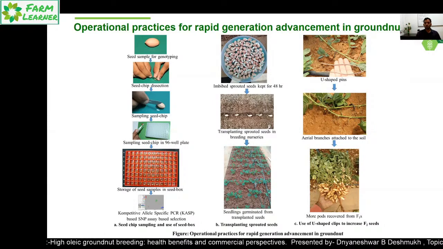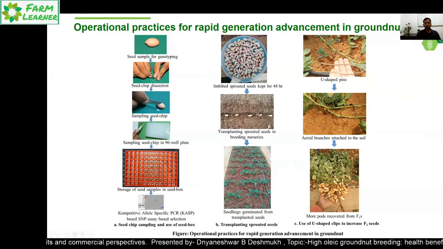Spanish bunch will have aerial branches. Aerial branches take a lot of time for the peg to emerge and insert from the branch into the soil. So here we tried to attach the branches to the soil, due to which we could get a huge number of F2s from F1s.